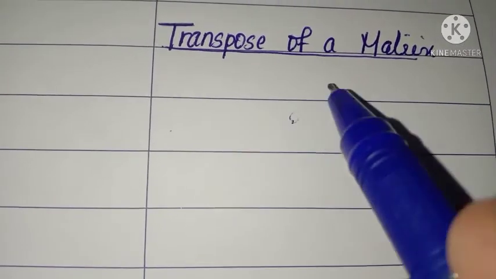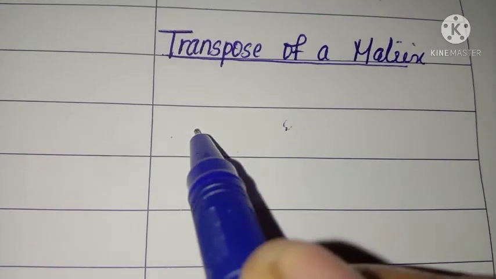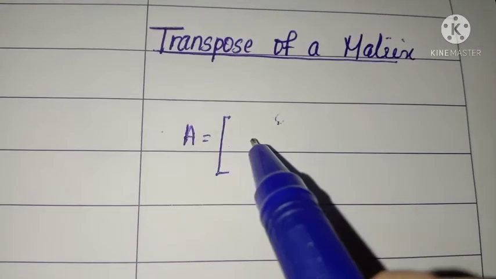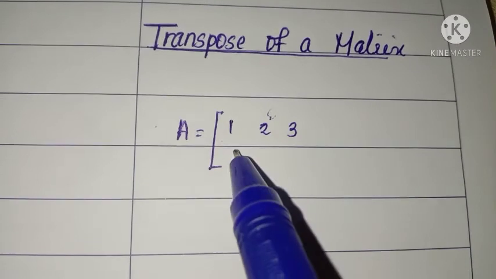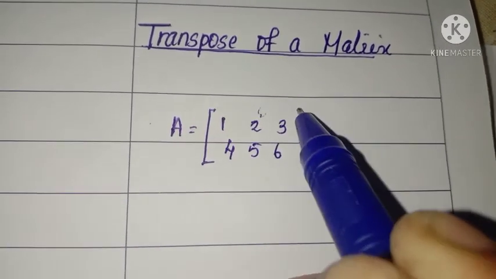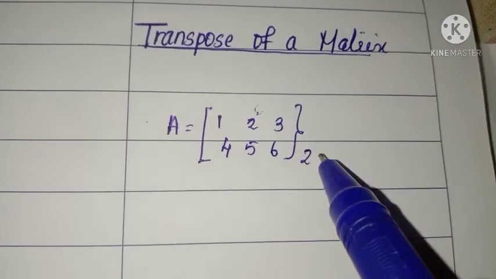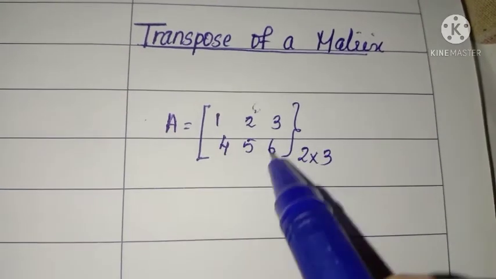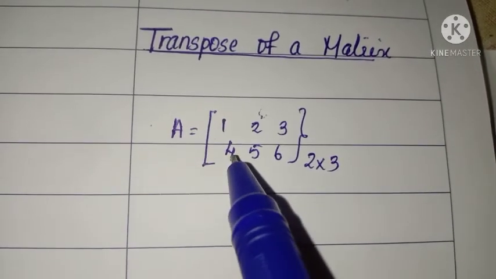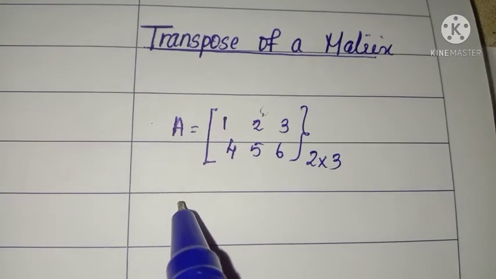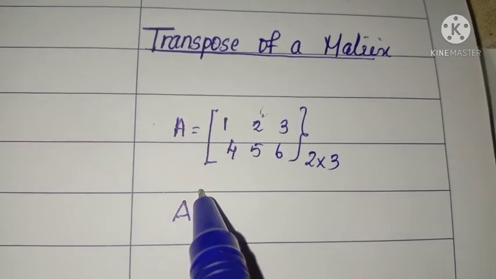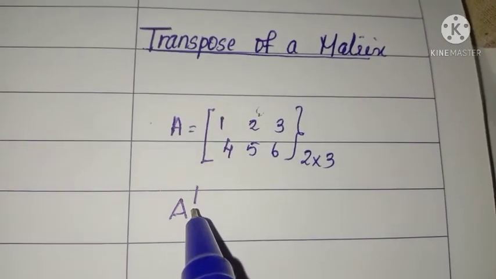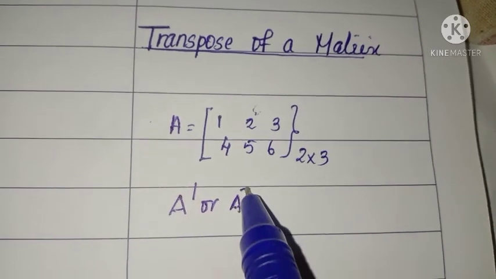Transpose of a matrix. Listen, suppose we have a matrix [1, 2, 3; 4, 5, 6]. This is a 2 by 3 matrix, 2 rows and 3 columns. Now we can define its transpose. Transpose is denoted by A dash, or A transpose.